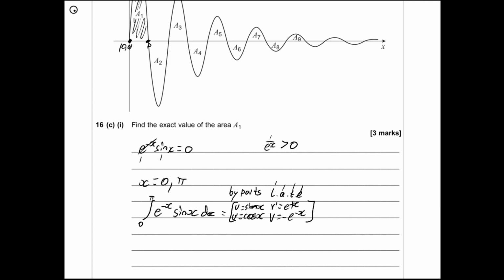So there we go. The equation for by parts is u times v minus the integral of u dash v.